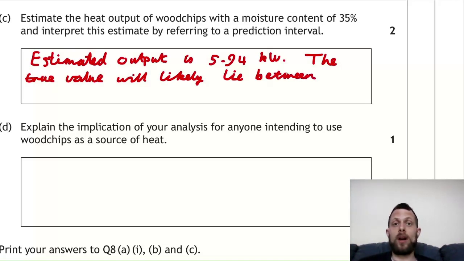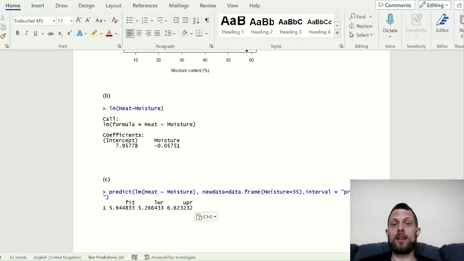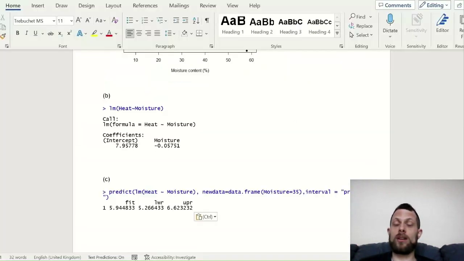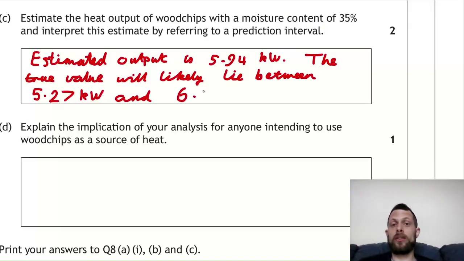As I said before, the meaning of a prediction interval is a little technical, but what it means is if it's, for example, a 95% prediction interval, 95% of the time when you make this linear regression model and then use it to make a prediction, the true value will lie within your prediction interval.